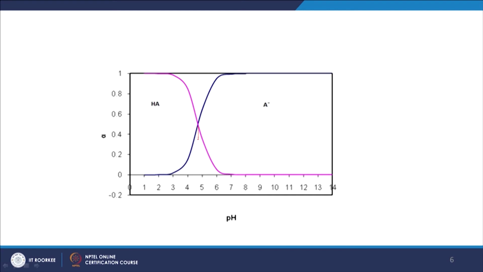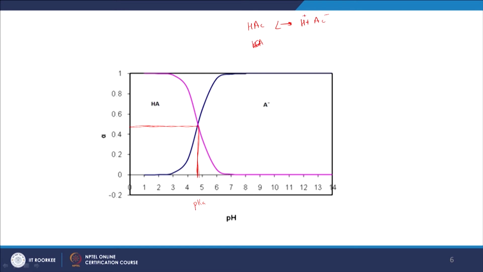So, as you see at pH 4.7, which is the pKa value, what do we see there? We see that the concentrations of both the fractions are equal. Here the example is for acetic acid dissociating into H plus and the acetate ion, though they are representing it by HA.